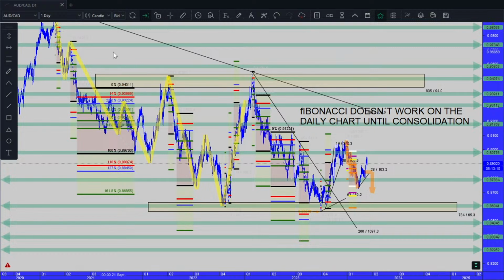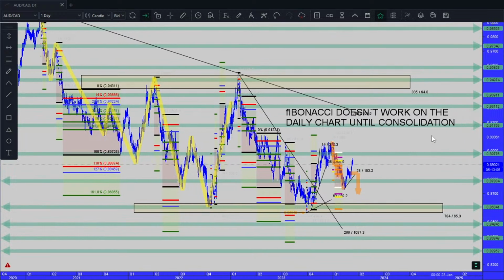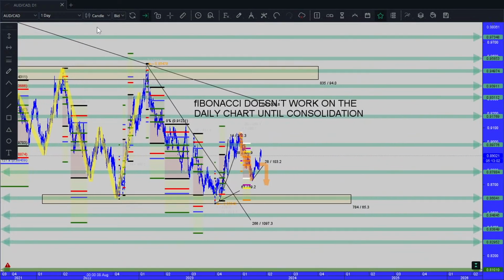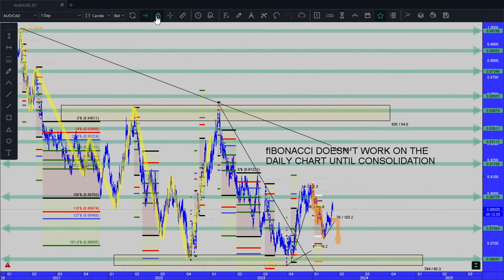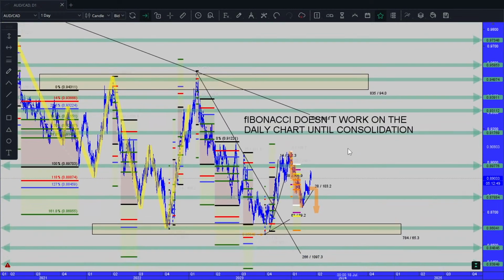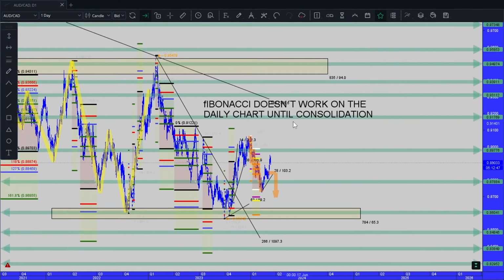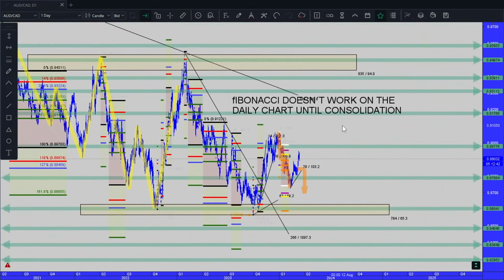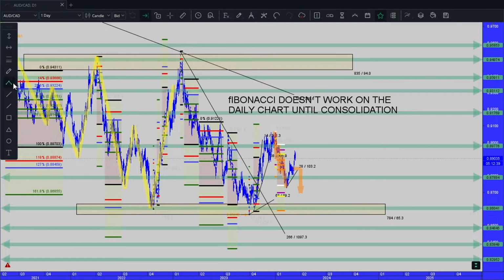So if the monthly is down and the weekly is down, what do you think is going to happen 7 times out of 10? Do you believe? Give me a second. Can I zoom better? I cannot make it smaller. Alright. So do you believe that 7 times out of 10 the market is going to break down out of consolidation?